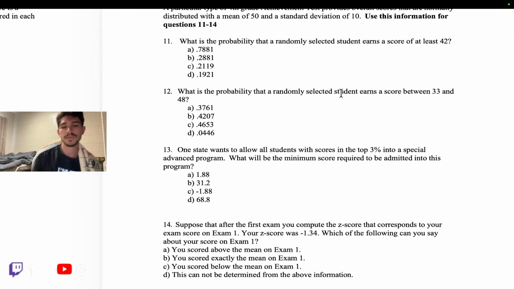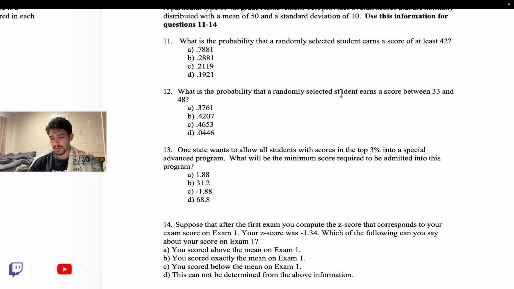Next question, number 14. Suppose that after the first exam you compute the z-score that corresponds to your exam score on exam 1. Your z-score is negative 1.34. Which of the following can you say about your score on exam 1?